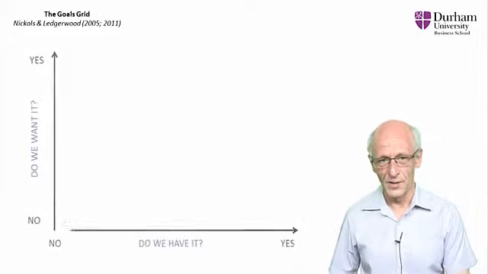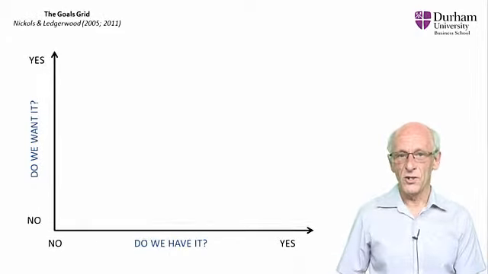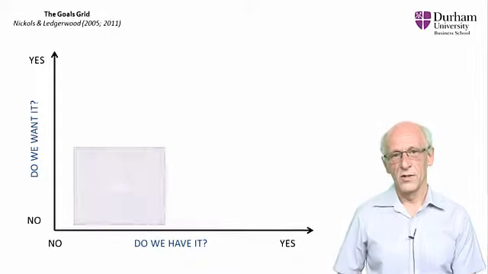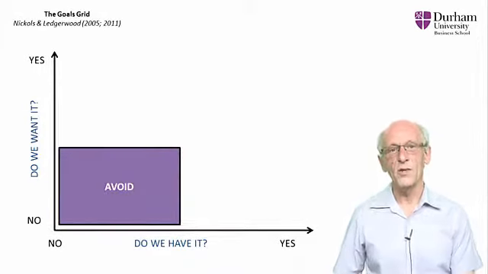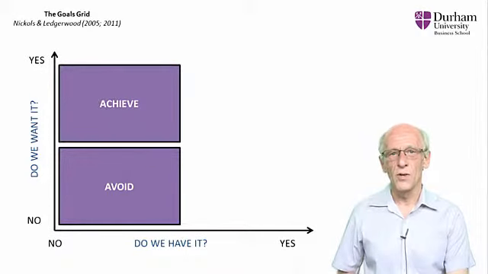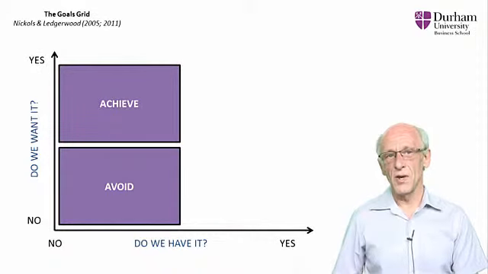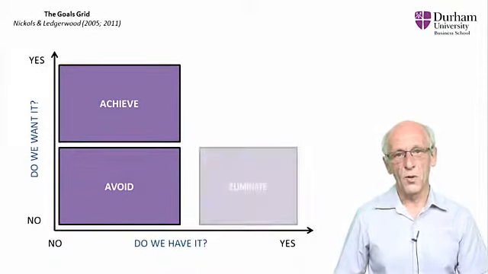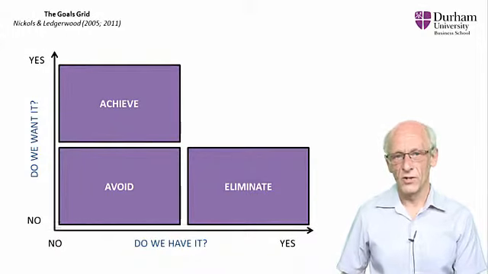In terms of constructing this, there are two dimensions then. Do we have it? Yes or no? And do we want it? Yes or no? So at the bottom corner, avoid is the no-no behaviours. At the top, achieve. Achievements are based on wanting something that we don't currently have. Bottom right, elimination.